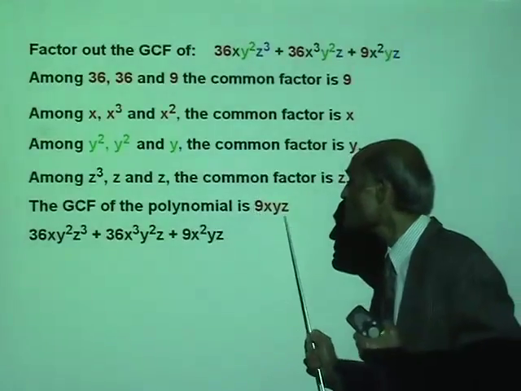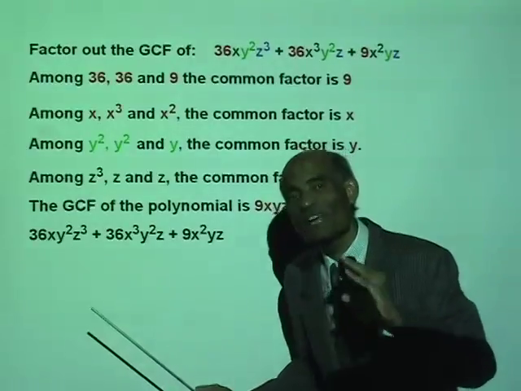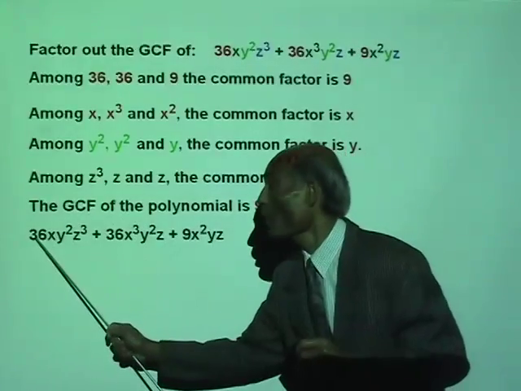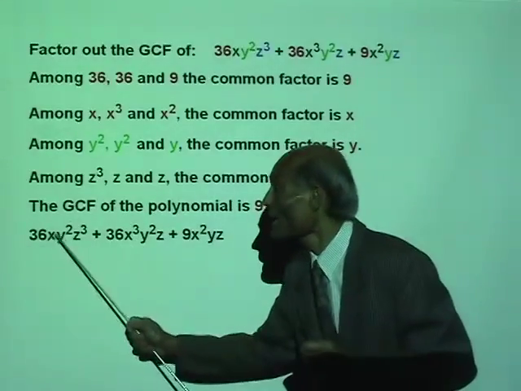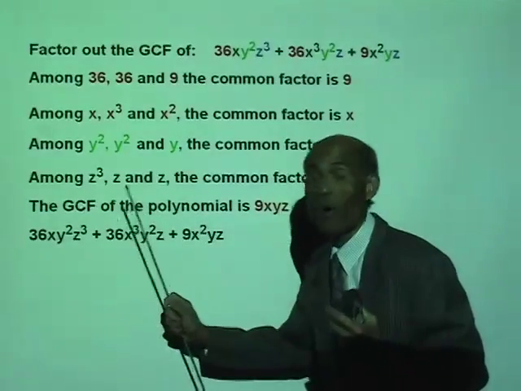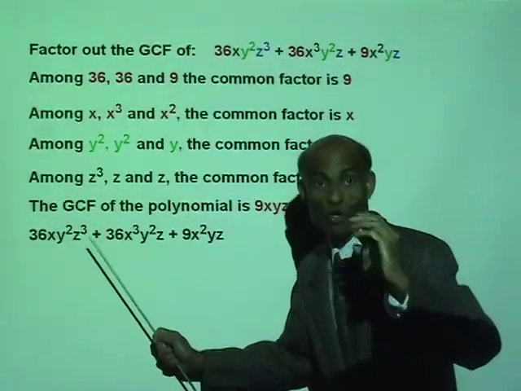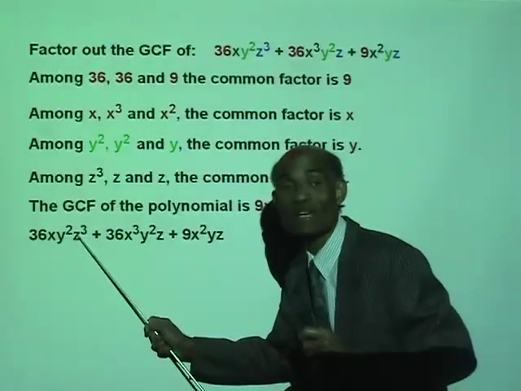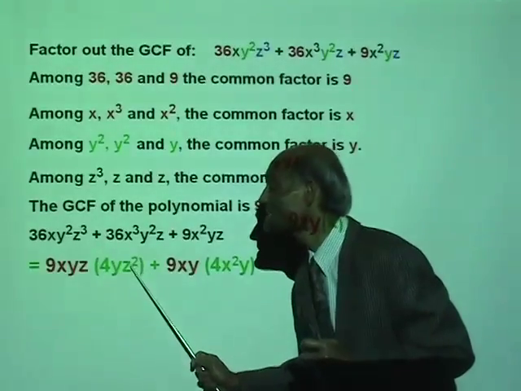When you remove this factor, what is left then? 9 times 4 is 36, so there will be a 4 there. x times 1 is x. y times y is y squared, so there is a y. z times z squared is z cubed, so what is left is 4yz squared.